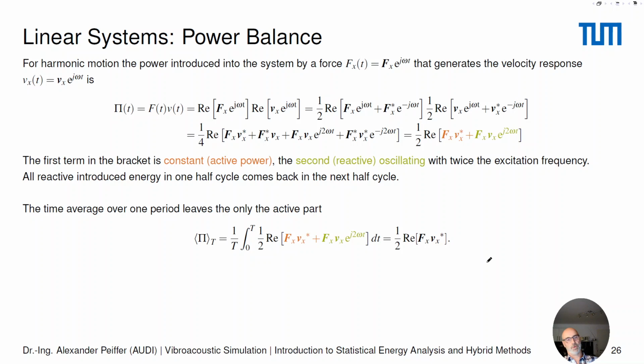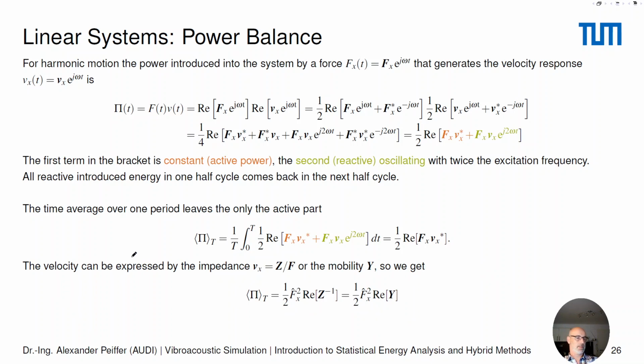and we will just get the remaining part for power flow. And now it becomes obvious why it makes sense to introduce quantities like impedance and mobility. Because in this equation, we can now express the velocity by using the other quantities.